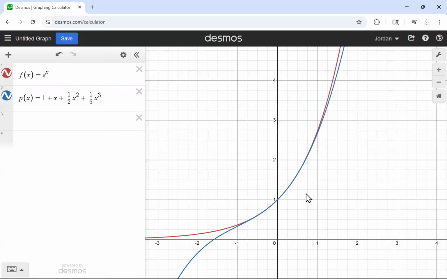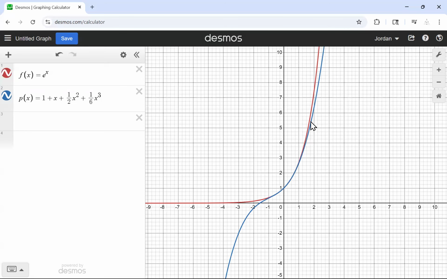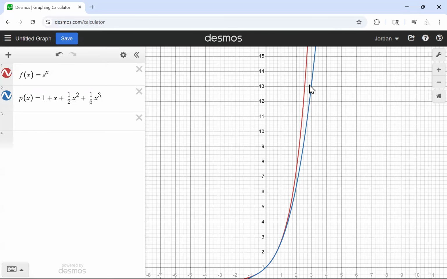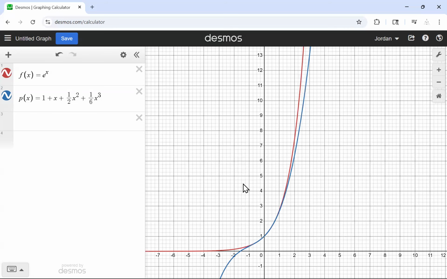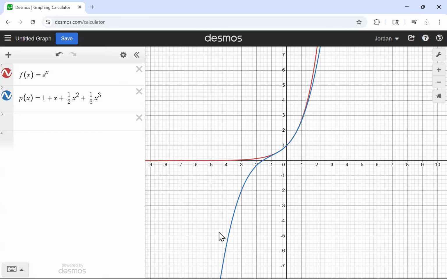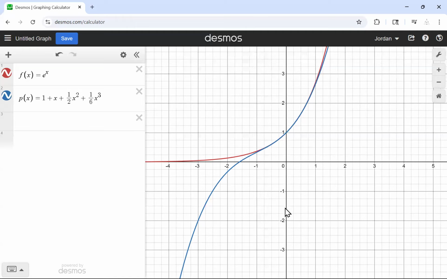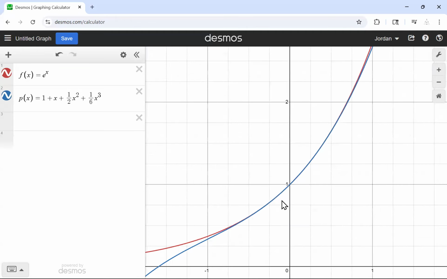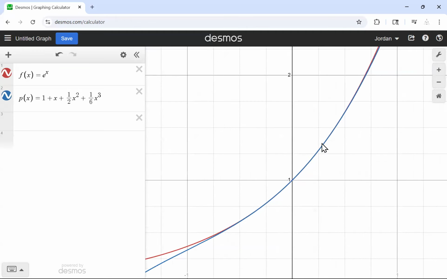And again, if you move out to the right, you get pretty far apart as you move further and further away from 0. Move towards the left, you get further apart. Move towards the right, you get further apart. But when we're close to 0, it's a pretty darn good approximation.